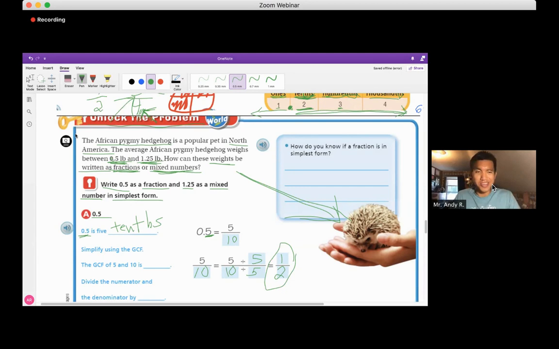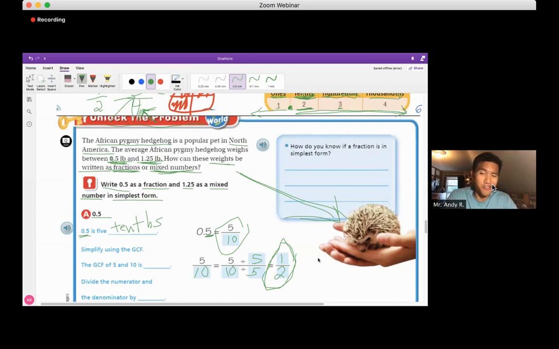Who's familiar with this? We just talked about 1/2. So really, 5/10 means 1/2. We simplified it by dividing both numbers by the same number and making it look smaller, so it's easier to understand.